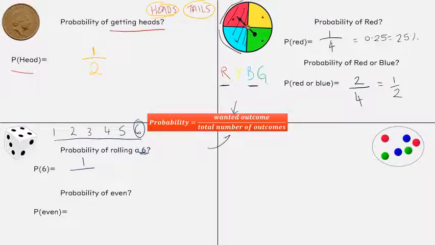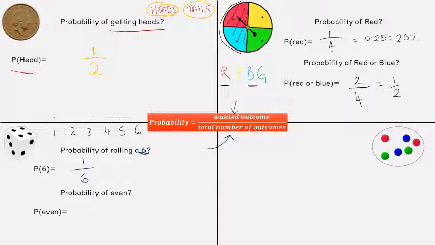And how many total outcomes are there? There's 1, 2, 3, 4, 5, 6. Notice I didn't put 6 out of 6 because there aren't 6 chances of getting 6. There's 6 possible numbers, but only 1 of them is a 6.